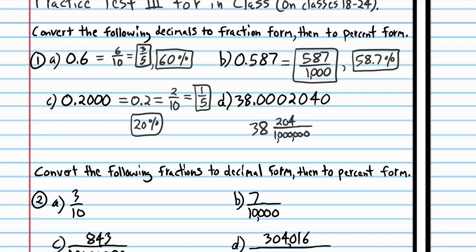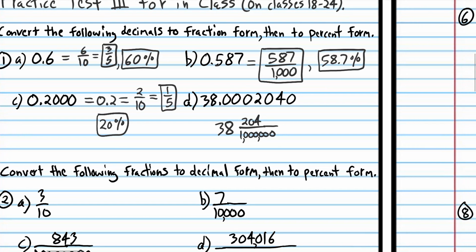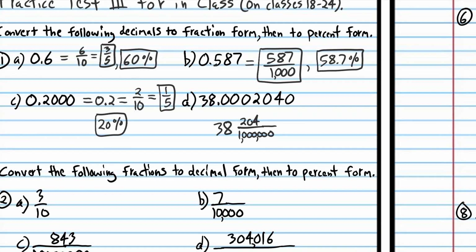Now, you can reduce that, but I'm not going to make you do that. It's not really that important right now, so we'll just leave it in that form. So we changed it to a fraction.